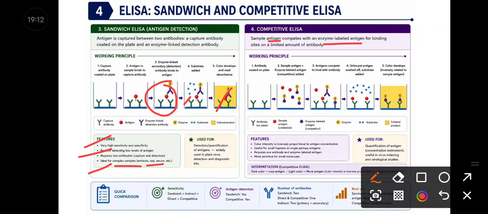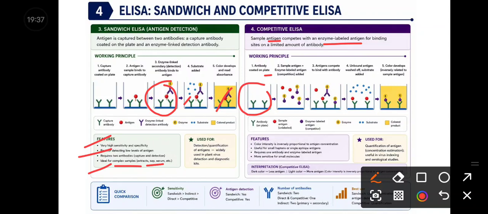So these two actually compete to bind to the antibody. So first the antibody will be coated on the plate, then both the sample antigen as well as our enzyme-labeled antigen will be added to the plate where the antibody is already coated.